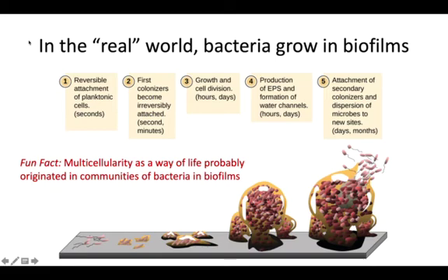It will have water channels because, again, you need water in order for the nutrients to come and the waste to leave that little community. And at some point, number 5, they don't quite know why, but the biofilm, maybe it runs out of nutrients or whatever, you will have free bacterial cells, or those planktonic cells, break away from that biofilm in order to establish a new biofilm. That's it in a nutshell.